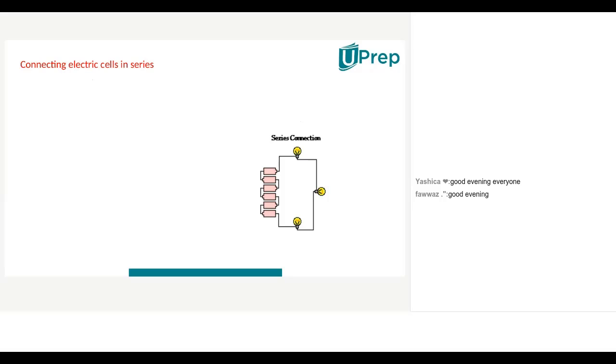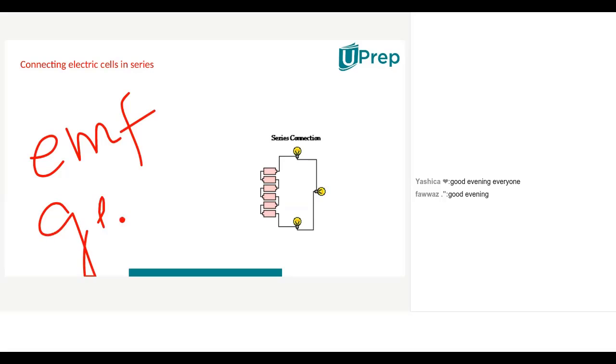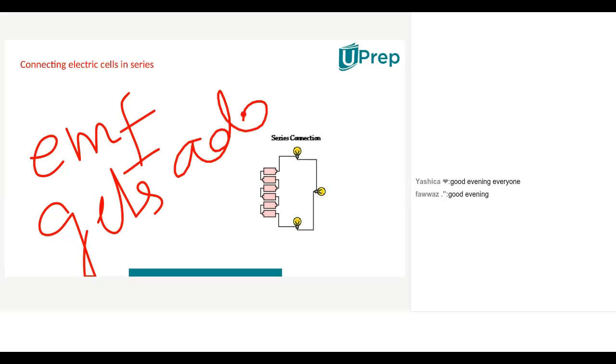Yes. If I'm connecting cells in series, all their voltages get added up. If I'm connecting 5 cells, each of 5 volts, then the total voltage in the circuit becomes 25. So when voltage is more, it produces more current. Yes. So the main thing you have to remember is when cells are connected in series, EMF gets added up.